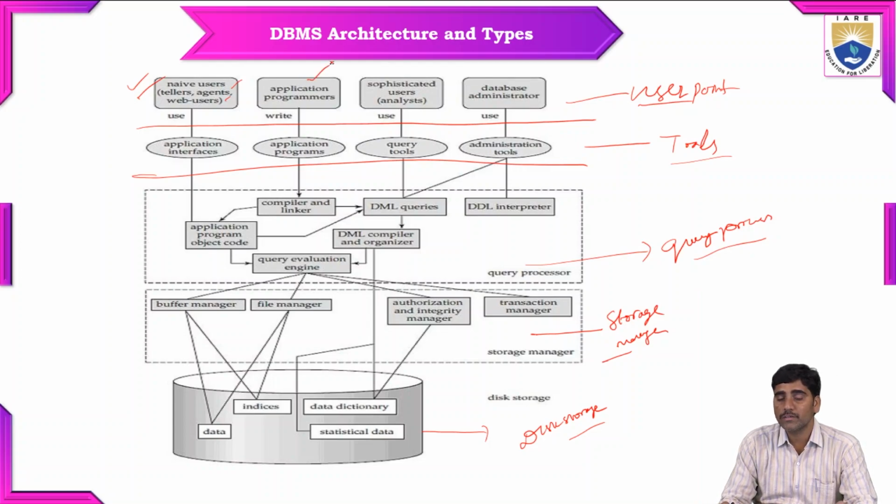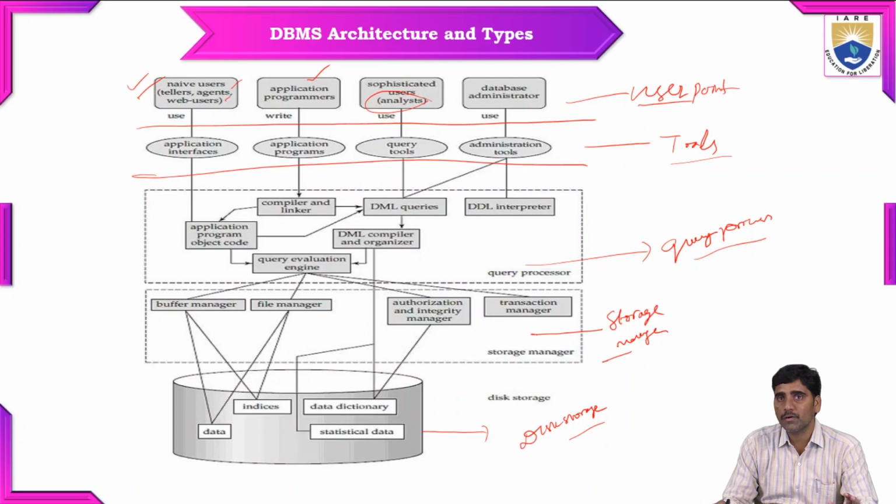And then next, sophisticated users. Sophisticated users are nothing but analysts. There are different types of analysts: business analyst, system analyst, database analyst, the analyst who will analyze the database, whether in reading, inserting, or modifying of the data, however it may be.